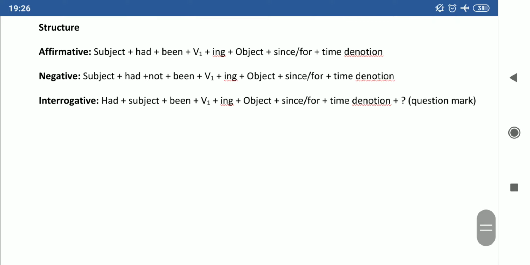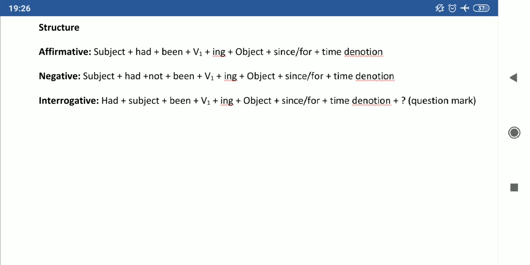As you can see in the structure, affirmative: subject plus had been plus first form of verb plus ing, object, since and for. Again, we were using since or for in present perfect continuous. And then time denotation, that's really important.